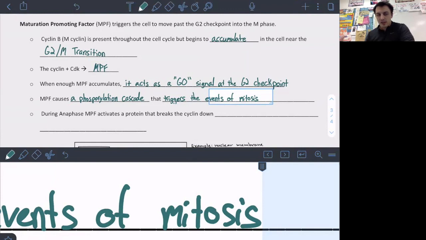Remember that phosphorylation cascade is a very common thread throughout cell communication.